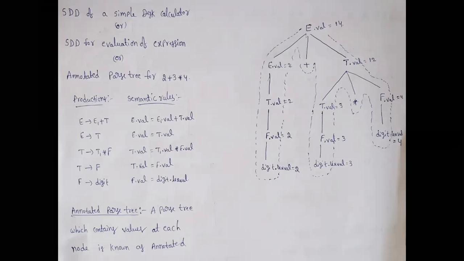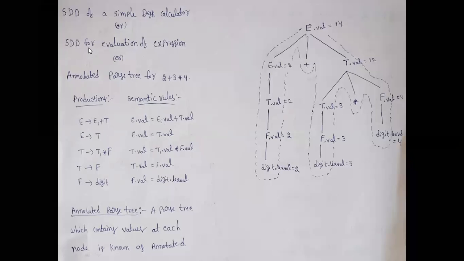Okay. So this is another example of a given expression. So this is the evaluation of an expression for a syntax directed definition. So what is a syntax directed definition? So this is the syntax directed definition. We have some productions and some semantic rules. This total is known as a syntax directed definition.